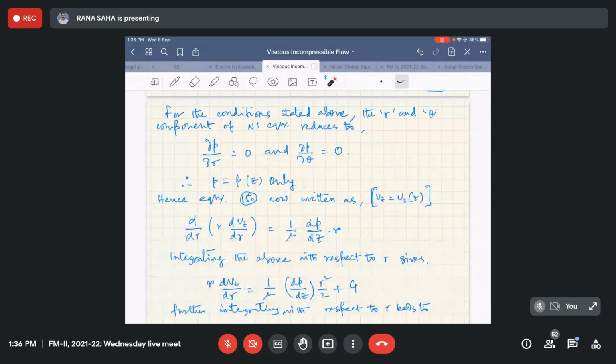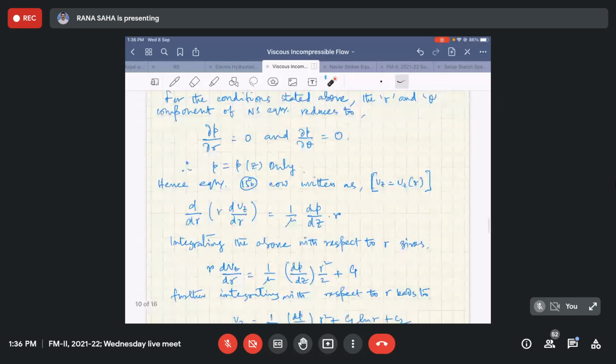In a similar manner, as Vz is a function of R only, instead of del Vz del R we can write dVz dR. So this becomes quite similar to the form we have written for flow through parallel plates, where in that equation also we have two terms in the left hand side and right hand side, which are functions of two different independent variables.